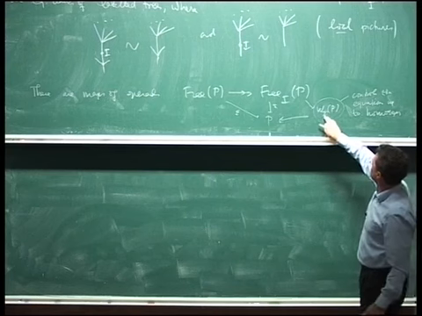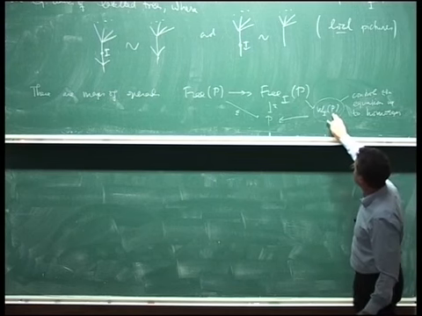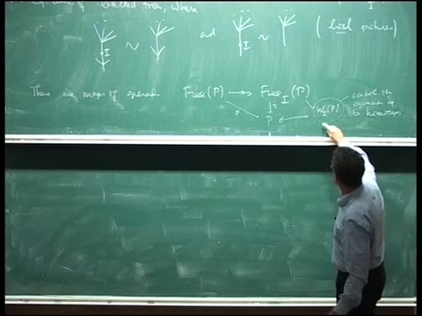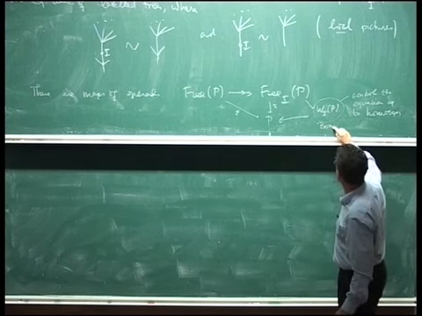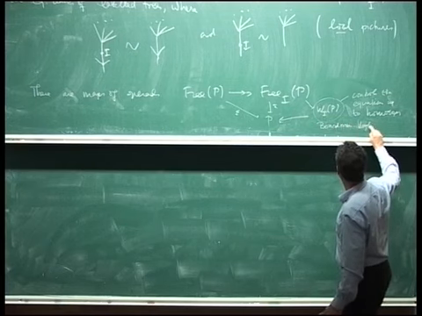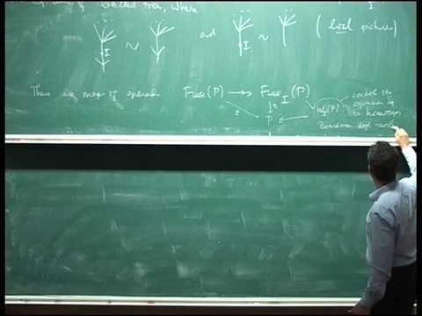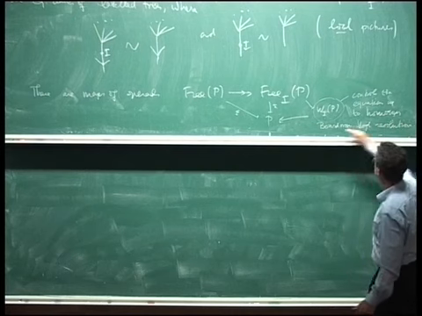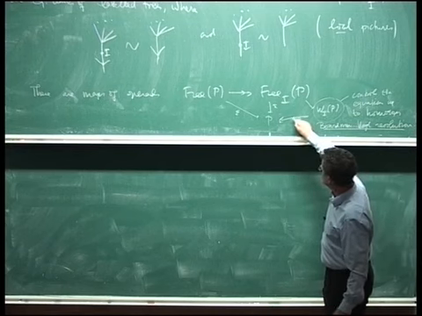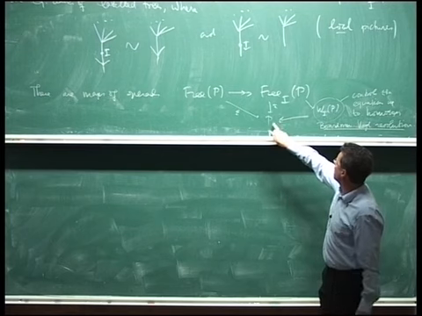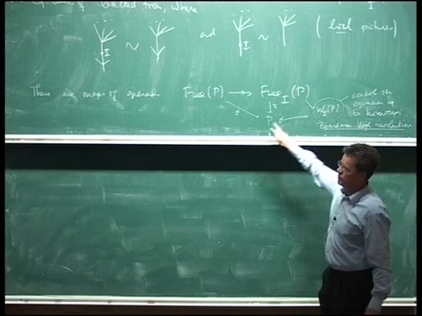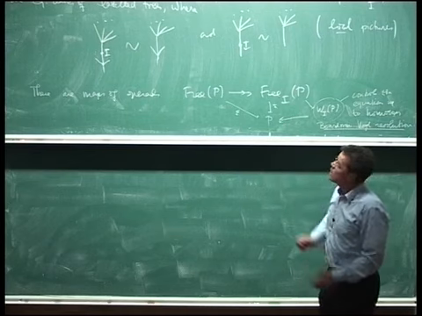So W sub I of P is what is called the Boardman-Vogt resolution of P. And it's a resolution because this will be, if you fix n, so this is an operad, and for a fixed n, this will be a homotopy equivalence.